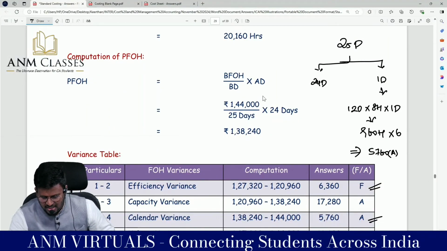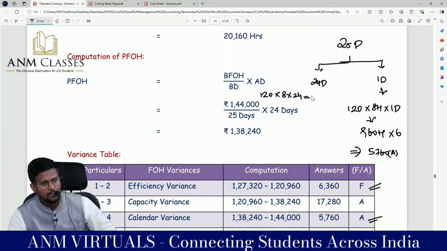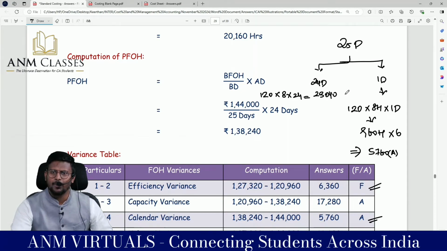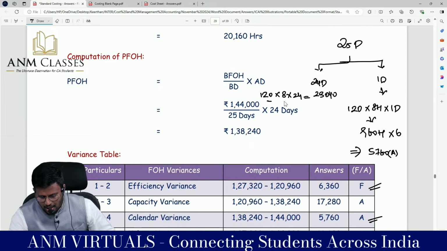What is the full capacity? 120 into 8 into 24 comes to 23,040, the time totally available. Whereas how much has the machine actually worked?